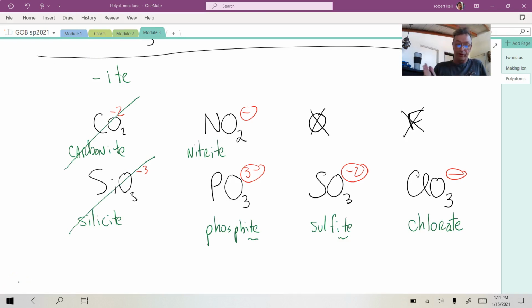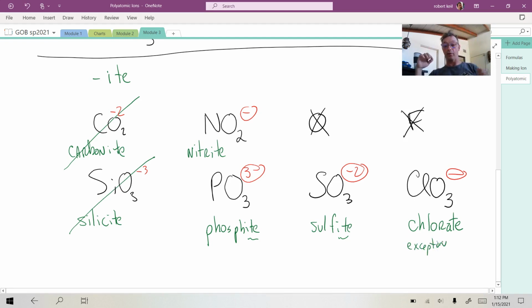Okay, so I've written the names now. The ites: nitrite, phosphite, sulfite, chlorite, that's the exception to the rule. Ite means take away an oxygen, but leave the charge the same.